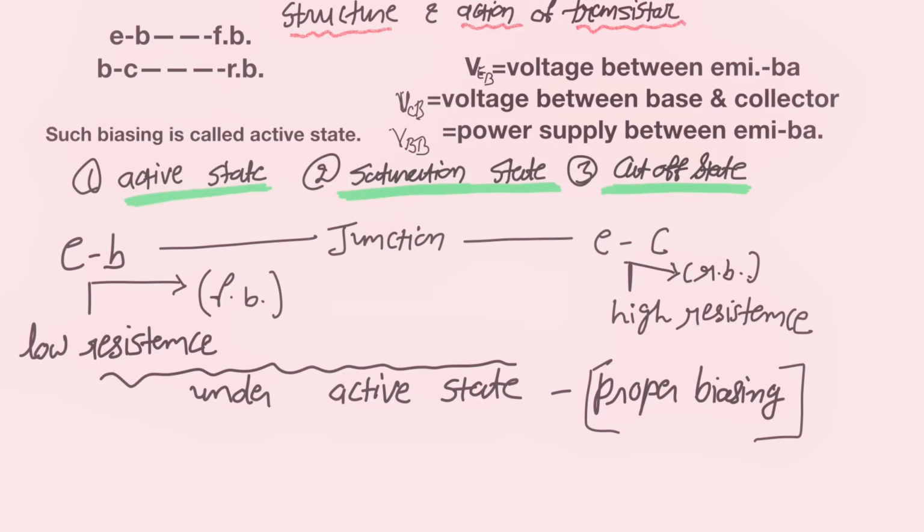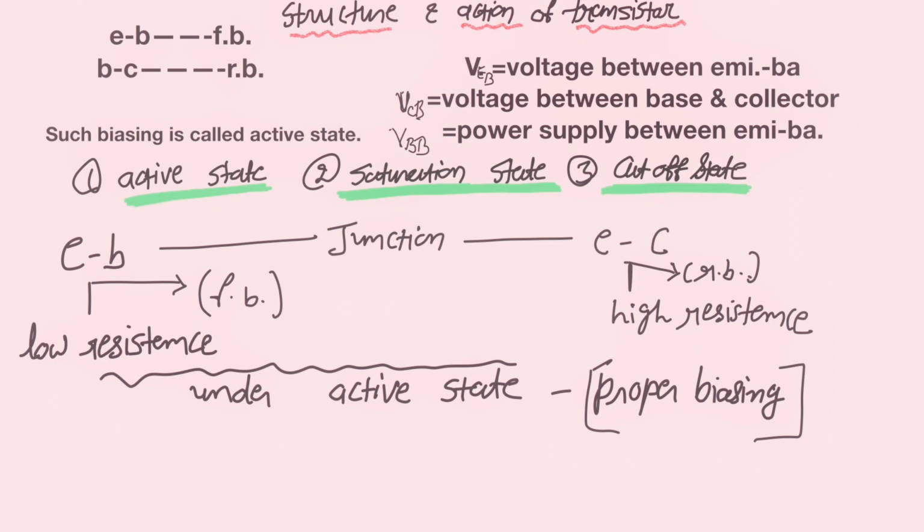We will see the use of the transistor as an amplifier, switch and oscillator, but before that we focus on the structure and action of the transistor. We have seen forward bias and reverse bias of the transistor, and you have to be familiar with the three states of the transistor: active state, saturation state and cutoff state.